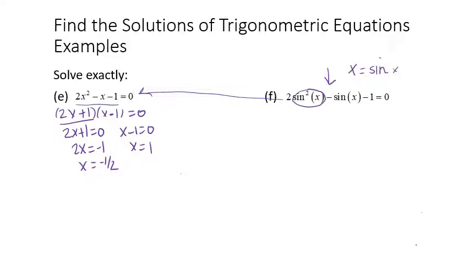Okay, so I can factor this. This would factor into 2 sine of x, and again, 2 sine times sine is 2 sine squared. We've got the negative 1 and positive 1, so when I FOIL this out, I get plus sine minus 2 sine, which leaves me with negative sine of x.